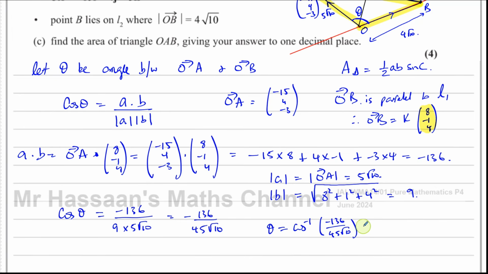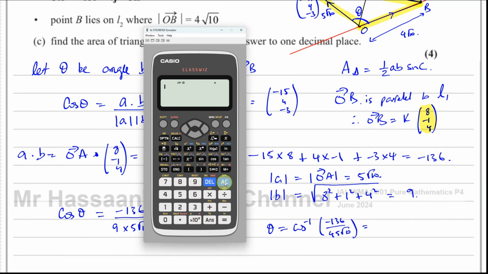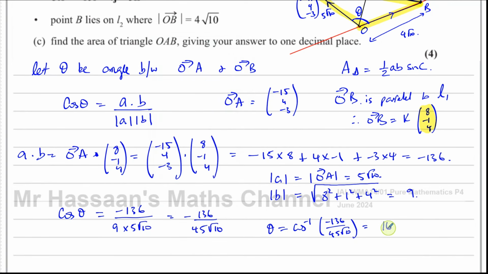So we have shift cosine of negative 136 over 45 times root 10, and that gives us the angle 162.883.